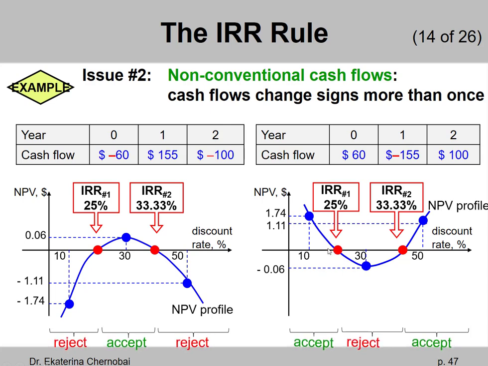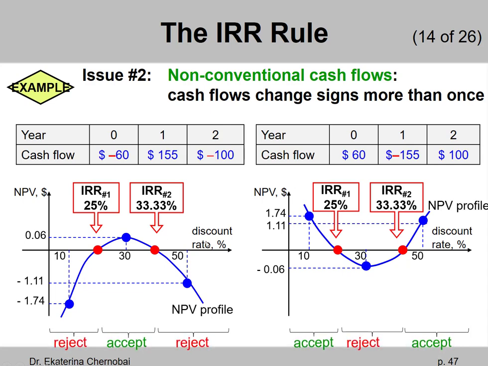Below the first IRR, below 25%, and above the second IRR, above 33.33%. And between the IRRs is where the project would be rejected. So the project would be rejected between 25% and 33.33% for the required return, because the net present value in this case is below $0, right?